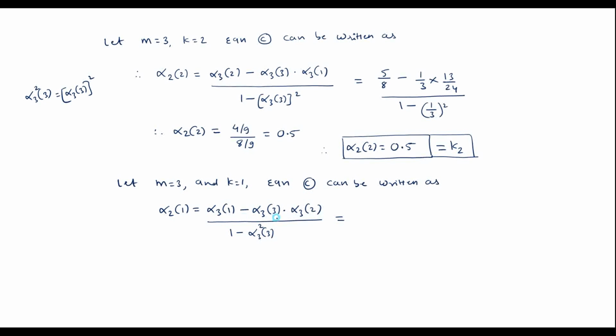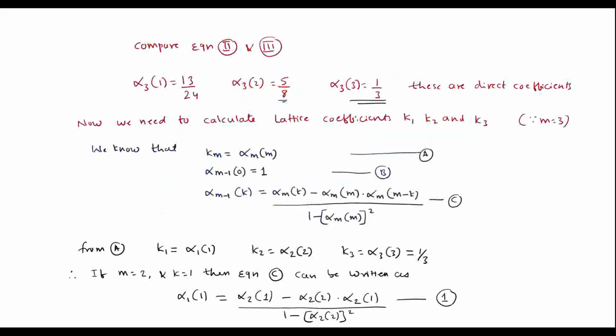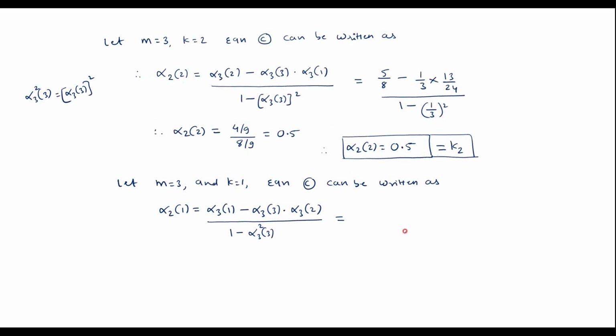So simplifying this, we know alpha 3 of 1 value, that is 13 by 24, minus alpha 3 of 3 value is 1 by 3 into alpha 3 of 2 value is 5 by 8, divided by 1 minus alpha 3 of 3 value is 1 by 3 square.